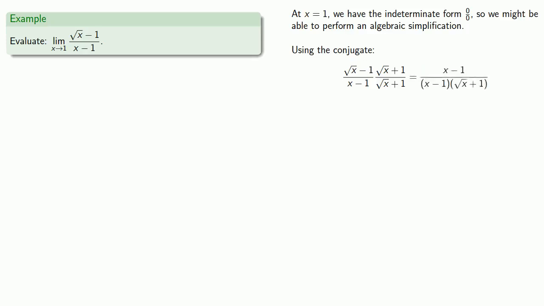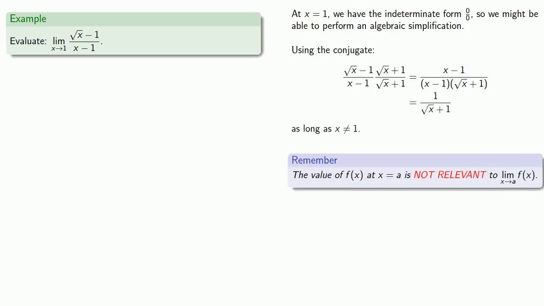Now we could multiply the denominator out, but here's a useful rule to go by. Factored form is nice. And while we wanted to multiply the numerator out so we can get rid of the square root, there's no harm in leaving the denominator in factored form. Especially because now we have a factor of x minus 1 in both numerator and denominator, and we can cancel it out, and the two expressions are equal as long as x is not equal to 1.